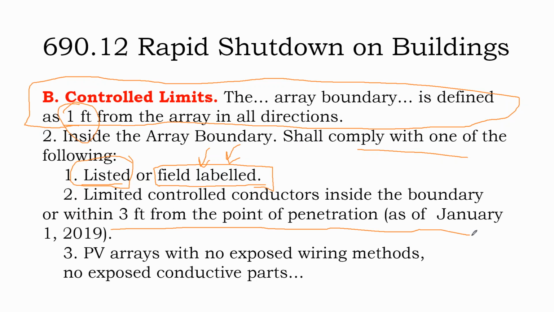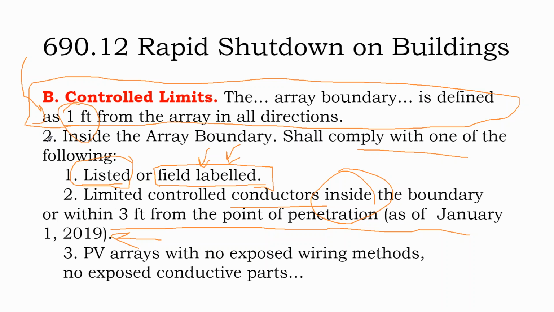And then it says it's limited to the controlled conductors. This is a new requirement. So rapid shutdown has gotten stricter over the years, but now they are actually regulating the conductors that are inside this 1 foot perimeter, as well as the conductors that are outside the 1 foot perimeter.